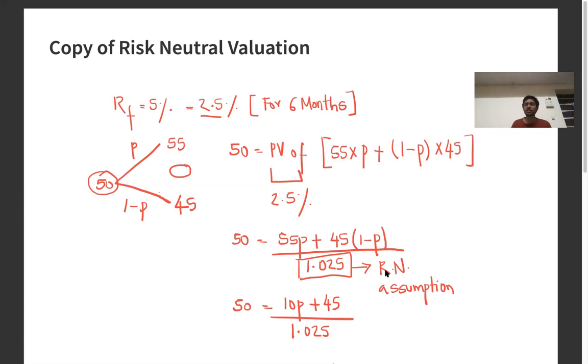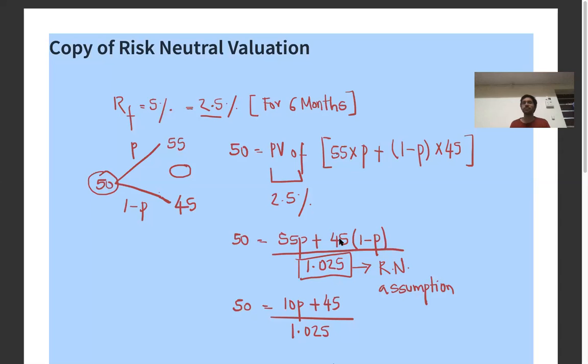The only difference being, when we are discounting the expected cash flows from a share, for a risk averse investor, the discount rate is not 2.5 percent, it would be the CAPM discount rate. For now, just remember that the denominator is 2.5 percent only because we have used the risk neutral assumption. Otherwise, it would have been the CAPM discount rate.